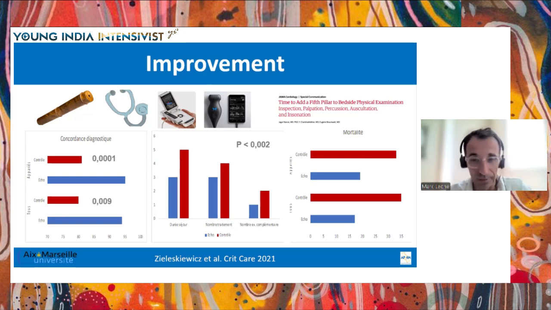There was a trend toward reduced mortality, but that did not reach a significant level in the ultrasound group. So, from our perspective, ultrasound and POCUS is the fifth pillar of bedside physical examination and should be included in the global clinical examination.